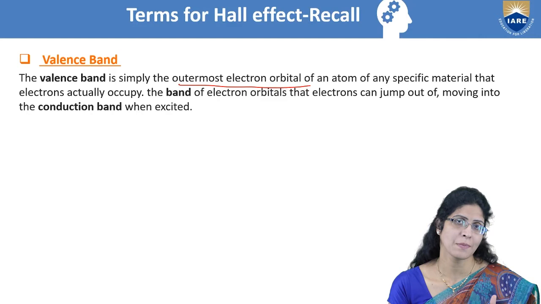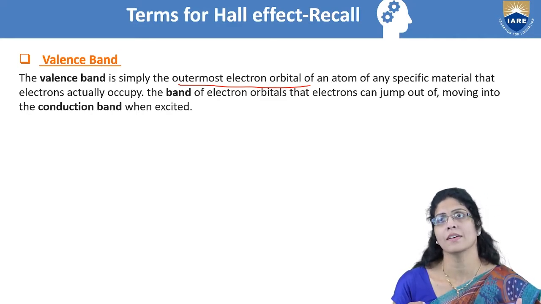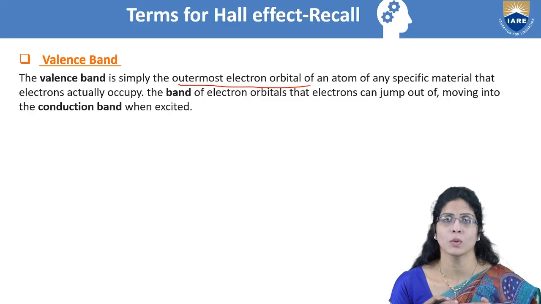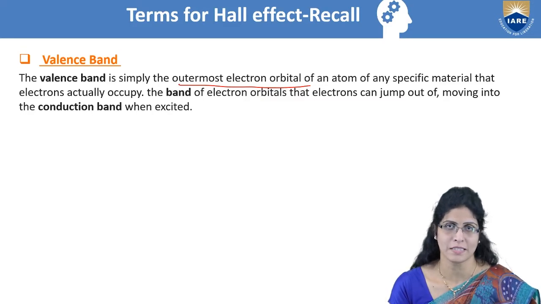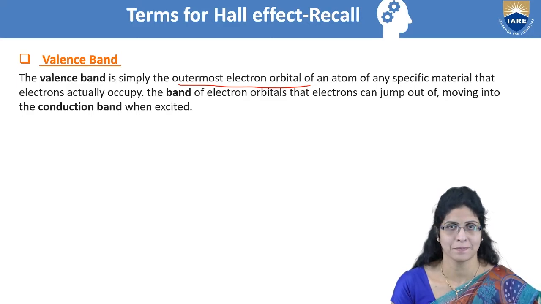Of course, the valence band has different interior levels too, but the outermost level is mostly taken into consideration. So the valence band is simply the outermost electron orbital of any atom.